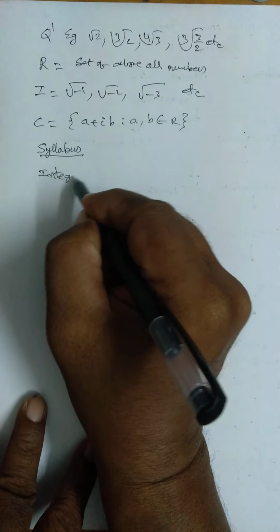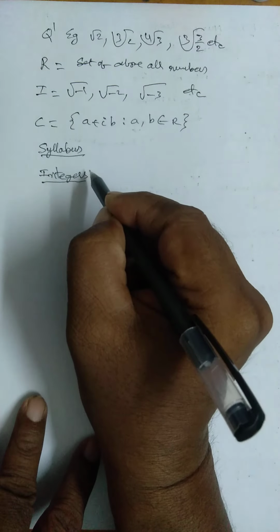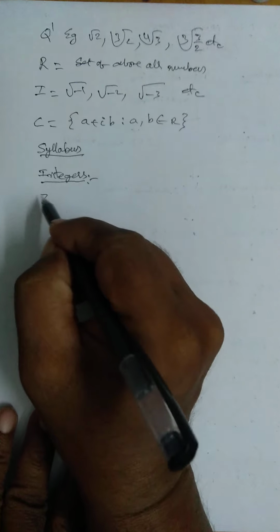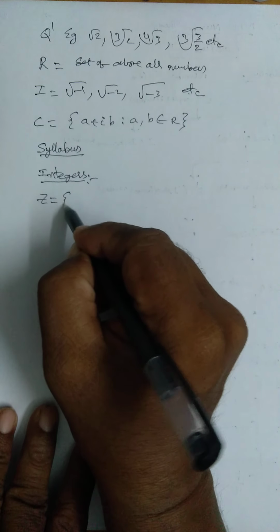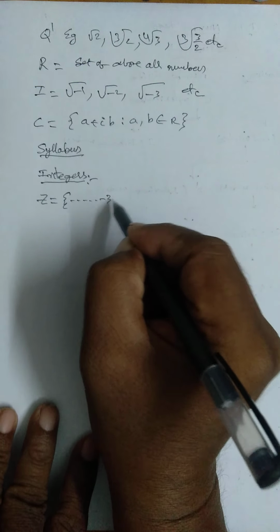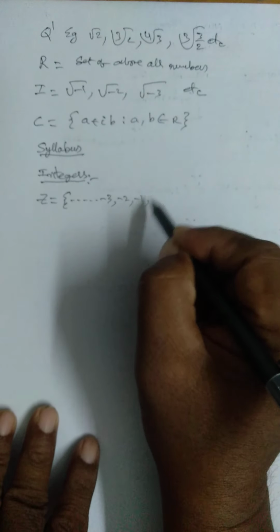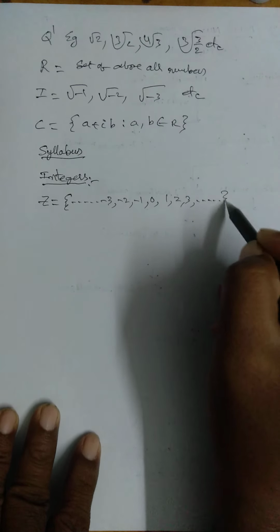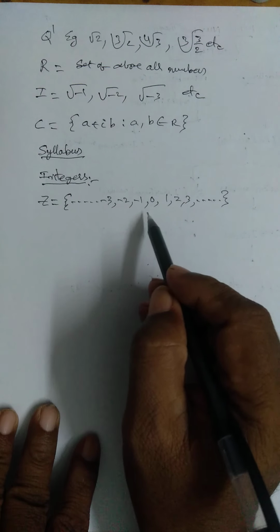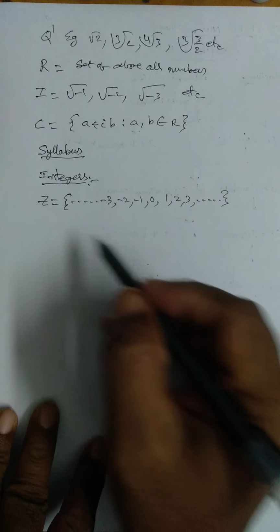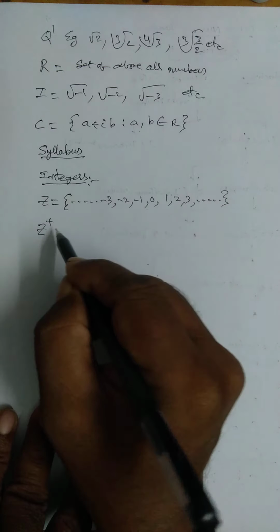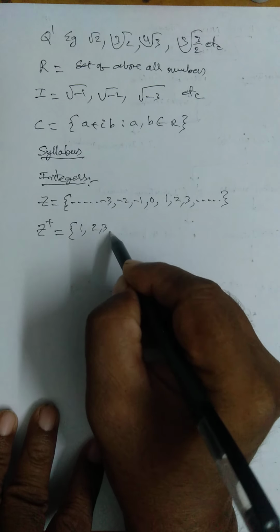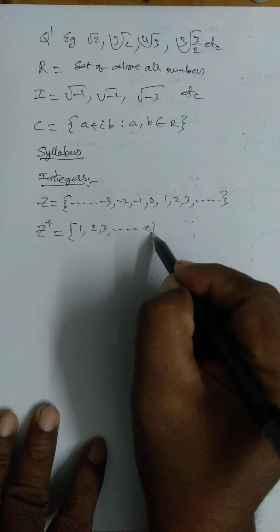Integers. So what is Z? Set of so on, -3, -2, -1, 0, 1, 2, 3. So negative integers, 0, positive integers. Z plus: 1, 2, 3, so on, infinity.